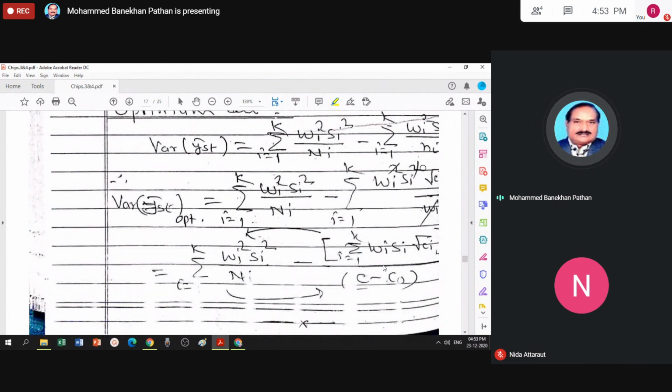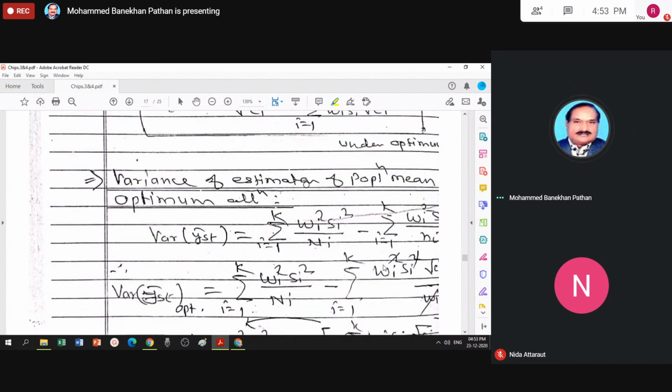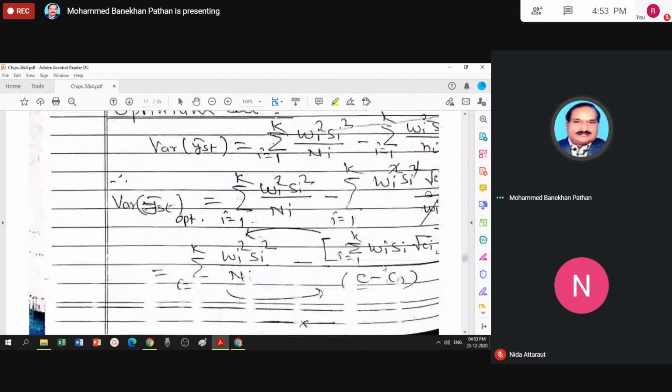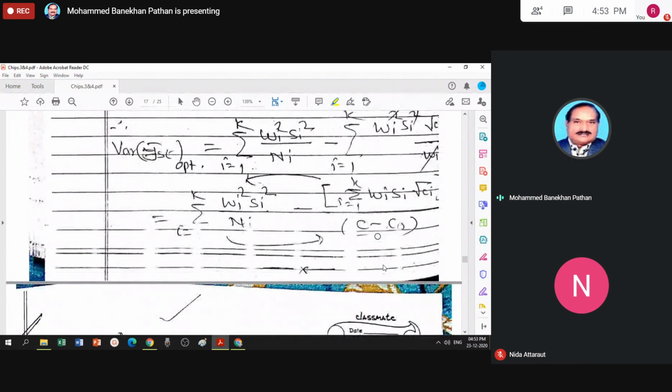The scan copy is not correct, just replace this Ni with this formula. So this comes in the numerator, this comes down in the formula. So I finally have summation Wi square Si squared upon Ni minus summation Wi Si root Ci whole square divided by C minus C naught.